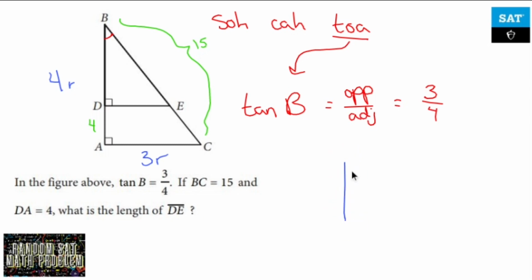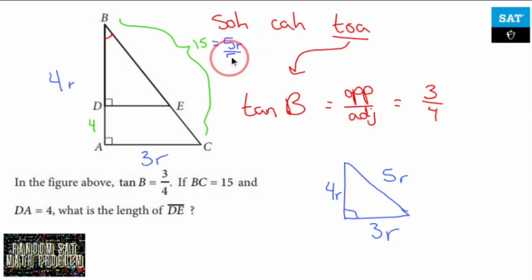Well, there's a little rule that says if you have a right triangle and you know that this is 3 and this is 4, this is going to be 5. Similarly, if I attach an R to each of them, that works. So if you're 3R and you're 4R, then 15 is the same as 5R.